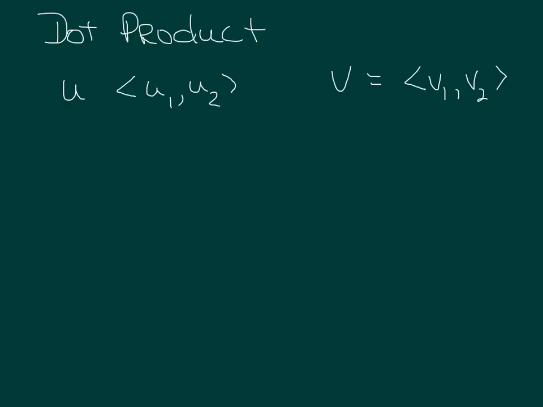The dot product of u and v we find by multiplying together u1 times v1 and adding that to u2 times v2. So when we do that, we'll always get a scalar.